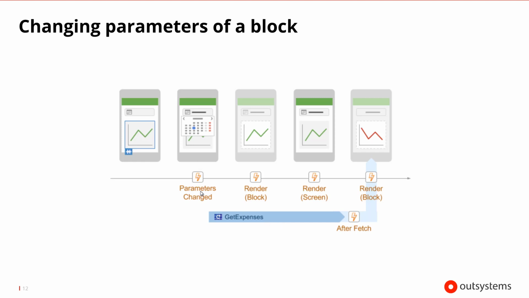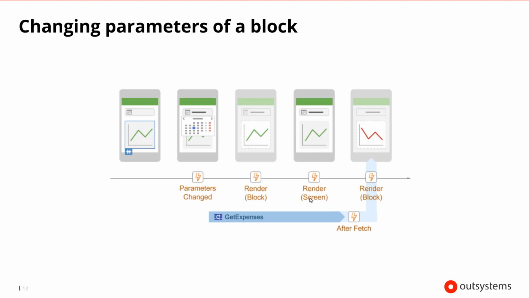So as soon as this happens, the block renders because it realizes that there is a change, but at the moment the onParameterChanged event went to get new data. So at this point, it doesn't have anything that is new or different, so it stays the same. The screen, because one of the values on the screen changed, will also render.